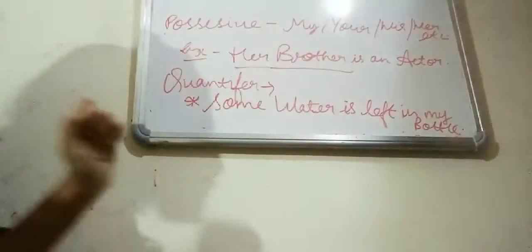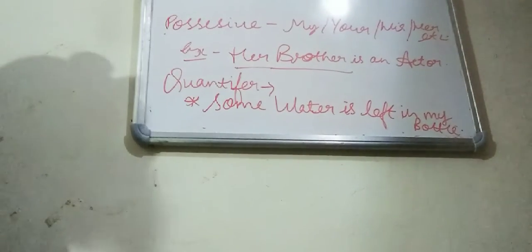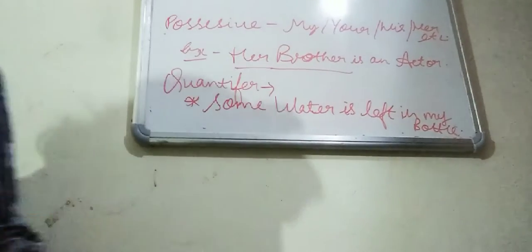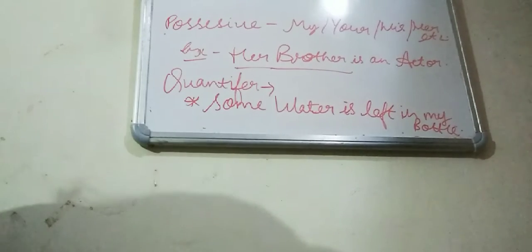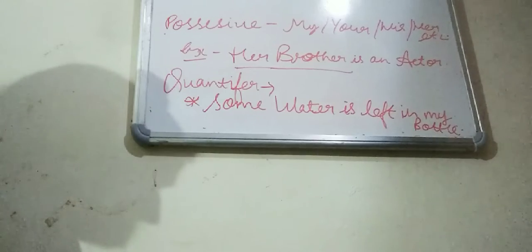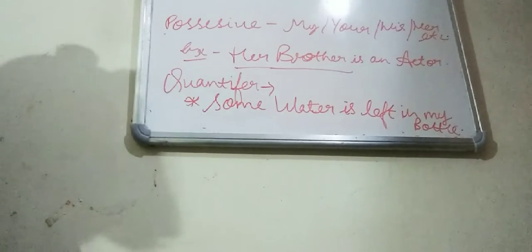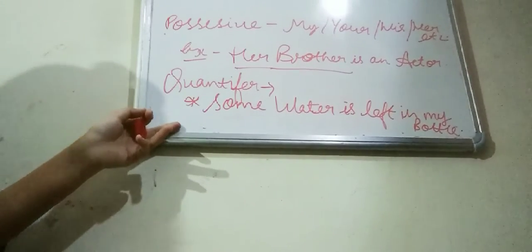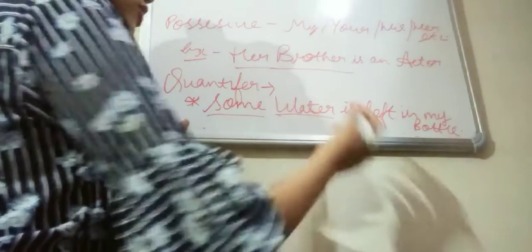This is the example for quantifier, and I think we should take one more example: many students have not come. So in this, students is a noun and many is a determiner. And in the earlier example, we can clearly see that some is a determiner and water is a noun.